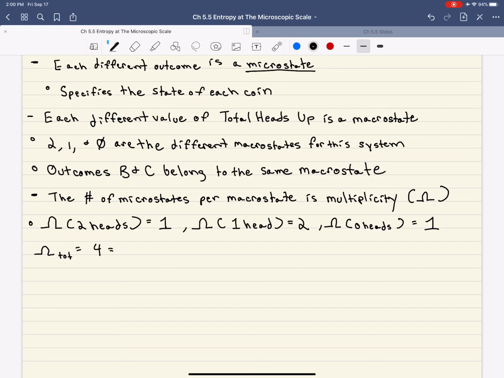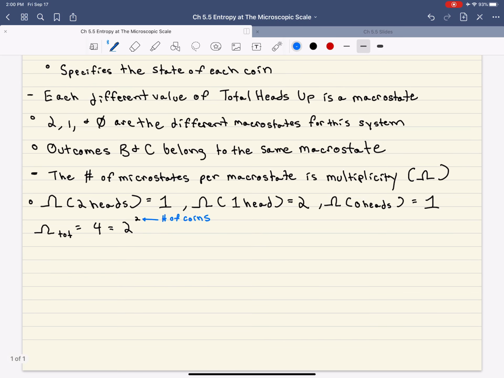There's 4 different types of outcomes that we could get with our 2 coins. All right? And really, the way that we would calculate that, just as a shortcut, would be 2 raised to the power of 2. And the reason the 2 is in the exponent is because that's the number of coins in our system.